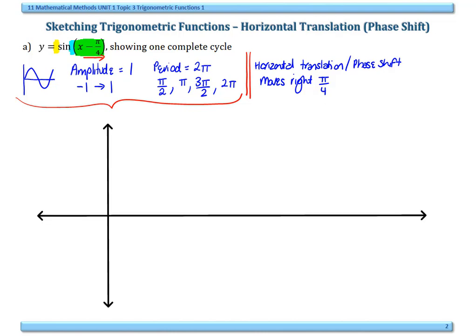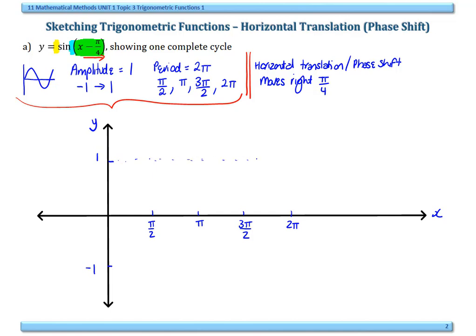Label them, put in pi on 2, pi, 3 pi on 2, and 2 pi. Your amplitude is 1. It's just a standard sine curve.